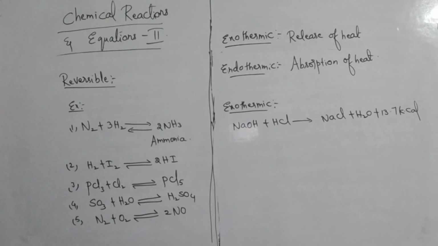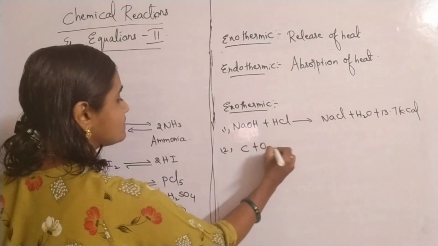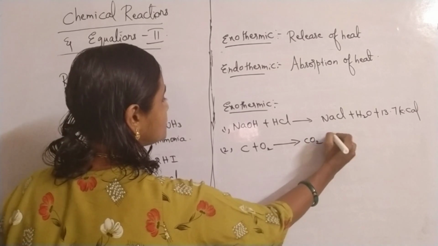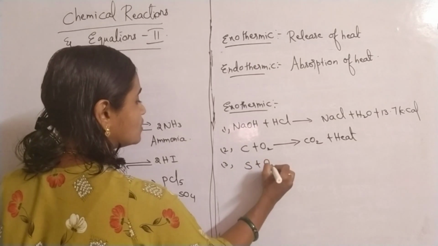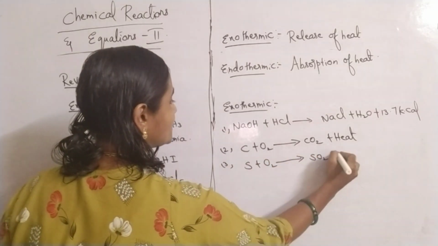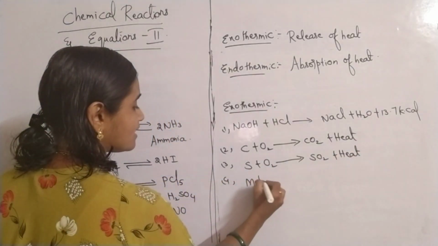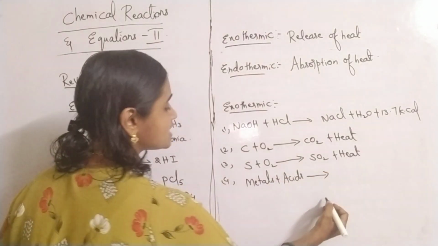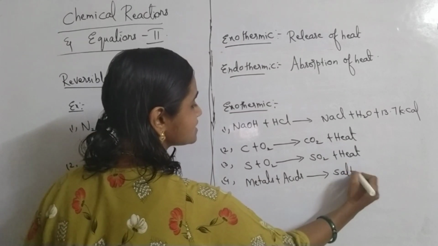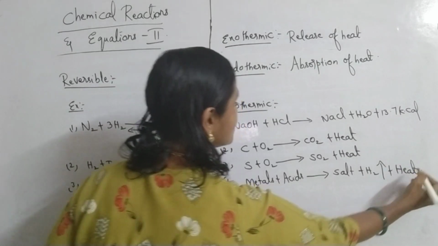Much heat energy is liberated wherever burning takes place. C plus O2 gives rise to CO2 plus heat energy. Same like that, S plus O2 gives rise to SO2 plus heat energy. Whenever any metal reacts with acids, it gives rise to metal salts plus hydrogen gas, and along with that heat energy is also released.